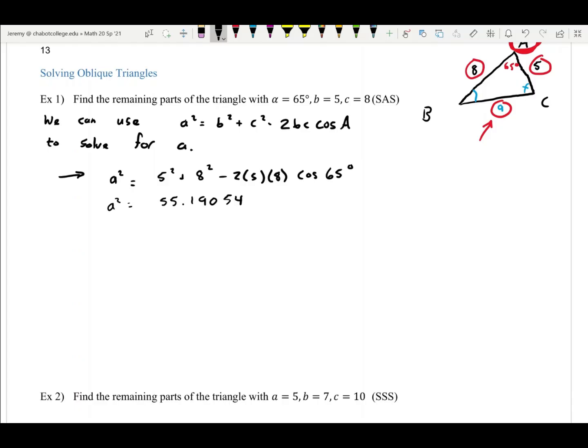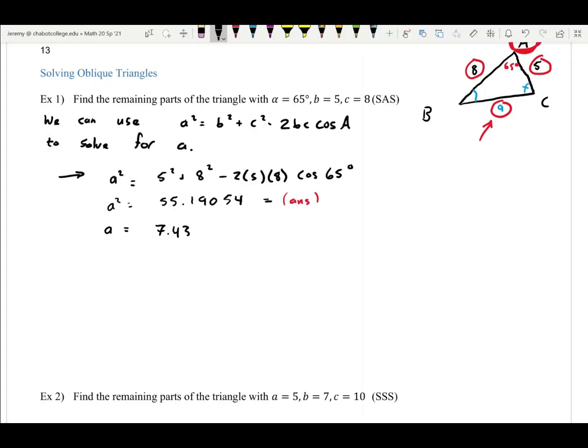And last thing I have to do is I just have to take the square root of that answer. And remember, using that little answer button on your calculator is nice to avoid rounding errors. And here's what I get. I get that a is equal to 7.43. I'm just rounding to 2 decimal places.